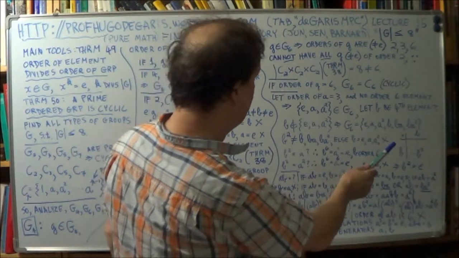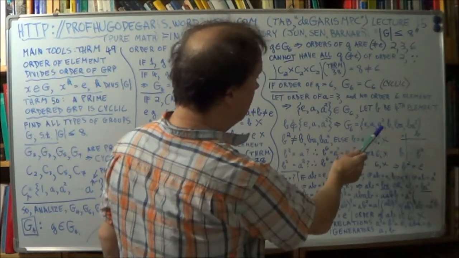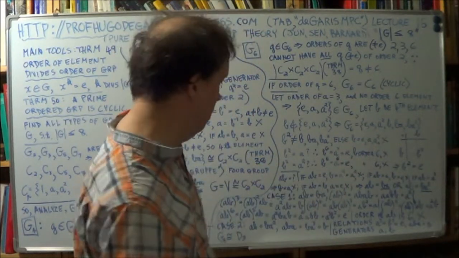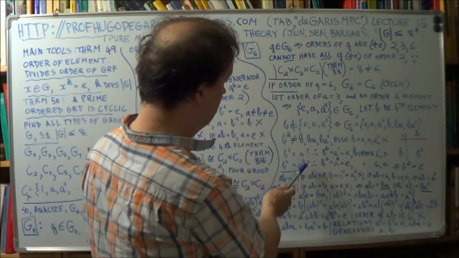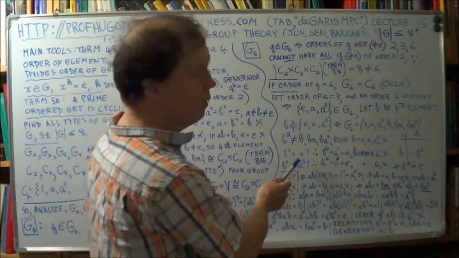So what does that leave? So no, no, no. Let's try: could B squared be A squared? Is that a possibility? Well, it's the same argument. If you square A squared, you get A to the 4th.